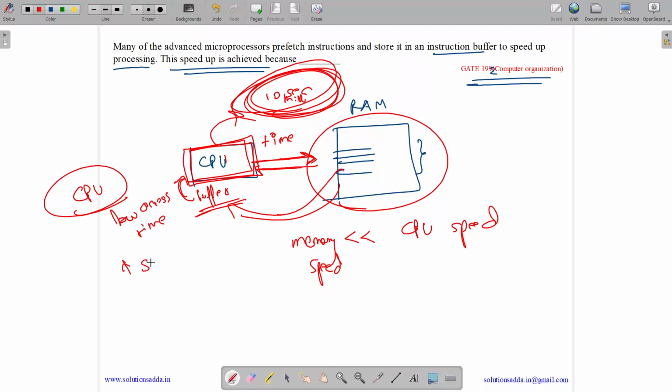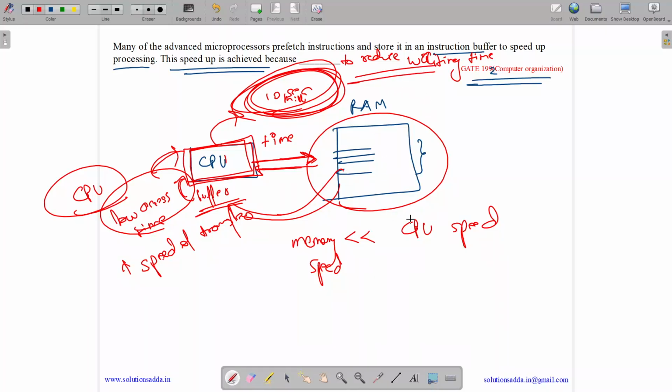We can say it has a very high speed of transfer. Thus, CPU can access this data now at a very high pace and it does not have to wait. So, to reduce waiting time, we basically prefetch the instructions in the instruction buffer from the RAM.